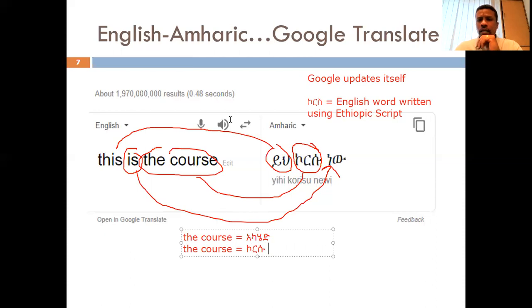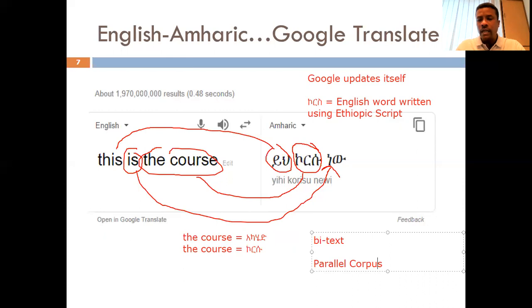Now, one thing that you should understand from this is, for most of machine translation, especially the statistical approach, it uses what we call a bytext. Okay, it uses a bytext, or we call it parallel corpus.